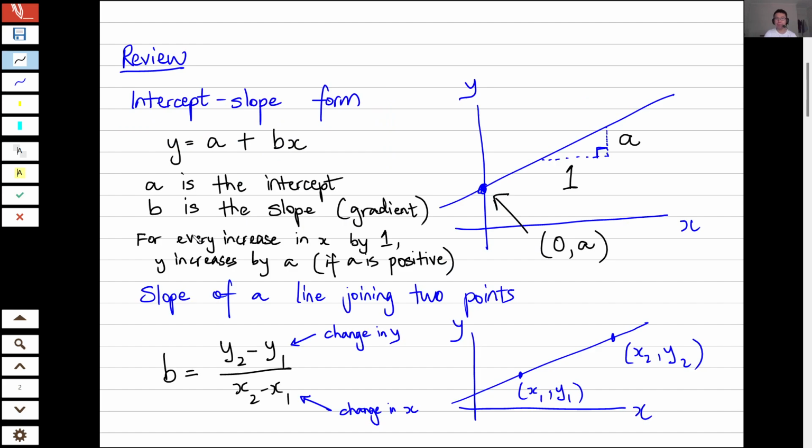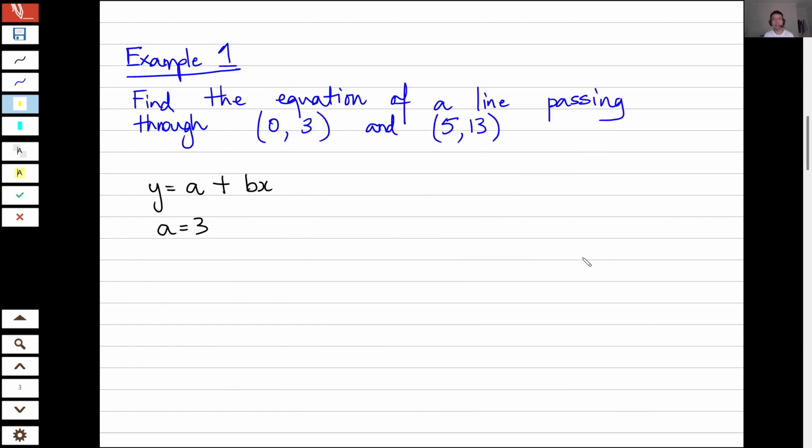Because we defined the intercept a to be the point with coordinates 0, a. So I've actually given you the intercept already here, since when x equals 0, y equals 3. All right, so that's a key insight.